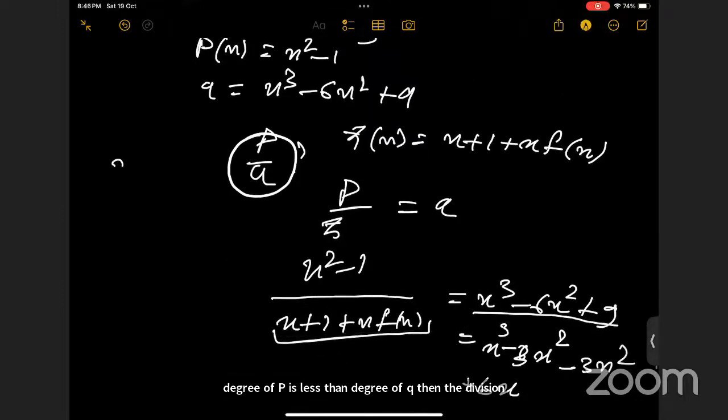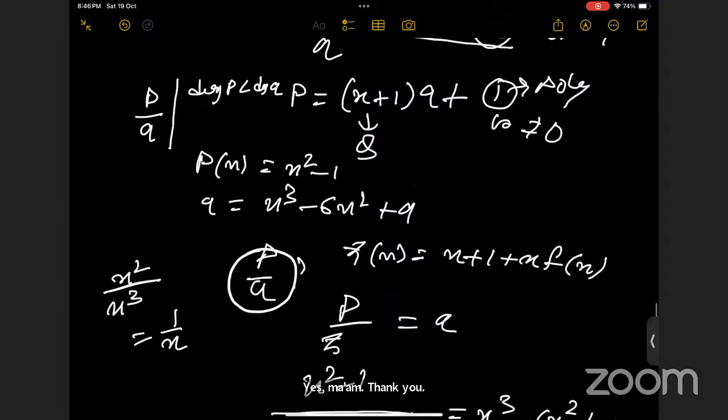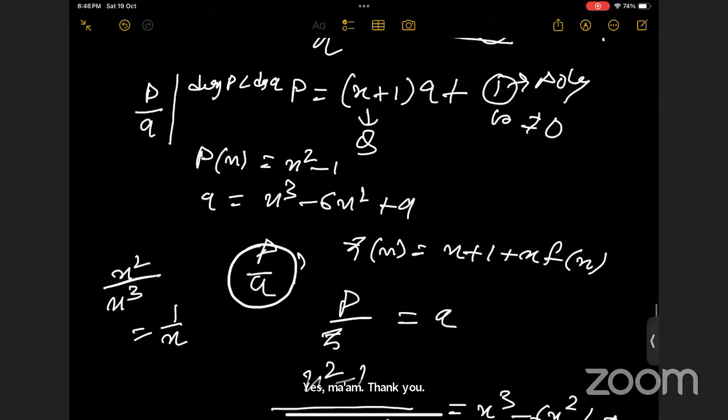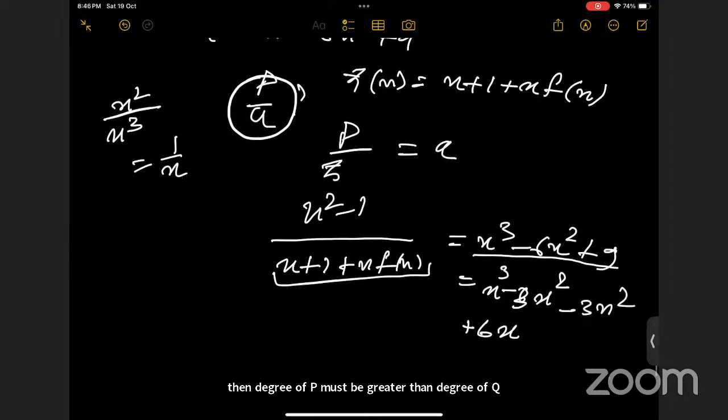If you have a degree 2 equation here and a degree 3 equation in the denominator, then we cannot get a polynomial after applying the division. So if we want to do the division, then the degree of p must be greater than the degree of q. Otherwise, we cannot do the division.